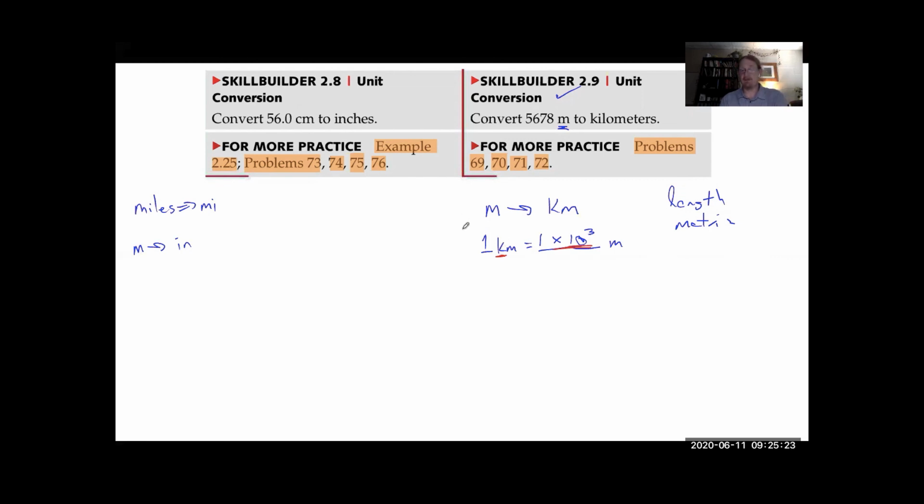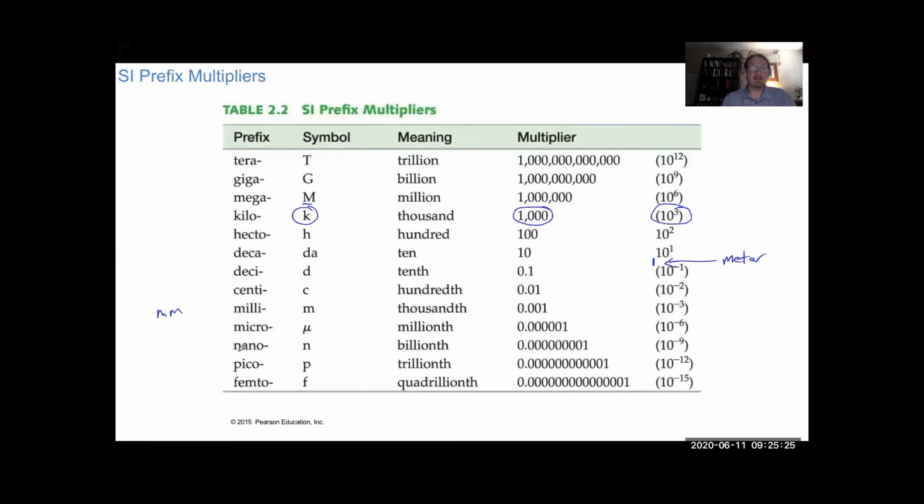Or just to do another one, let's say you have 0.2 micrograms and you want to convert it to grams. You need a conversion factor between micrograms and whatever the base unit is in that spot. The difference is 10 to the minus 6.